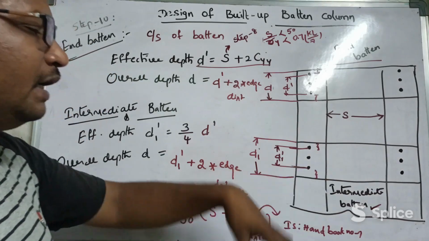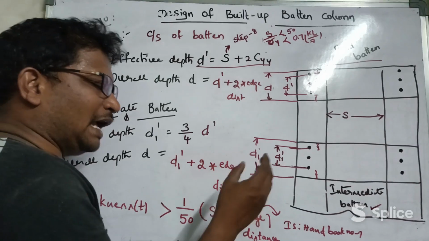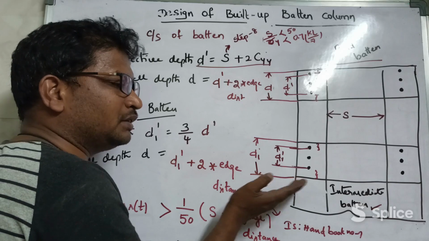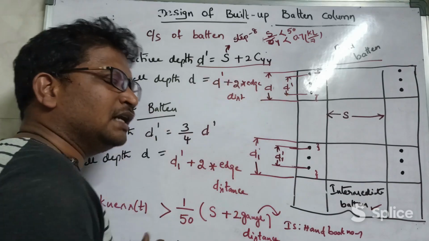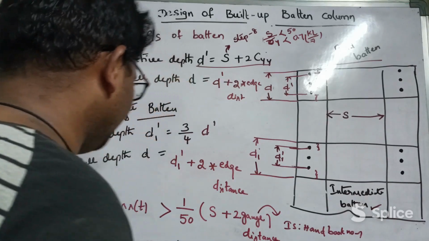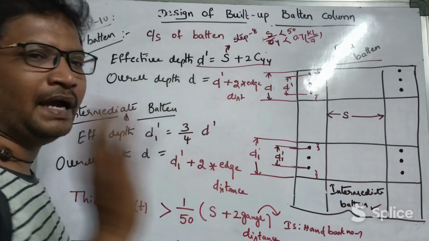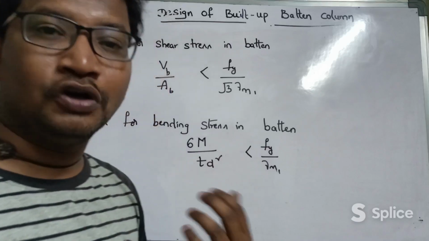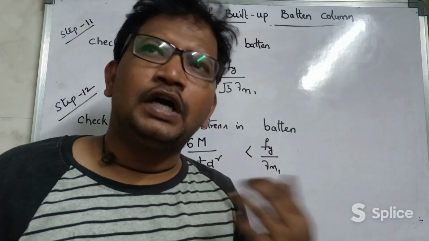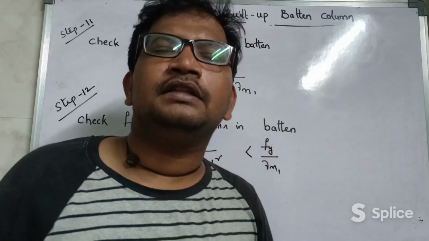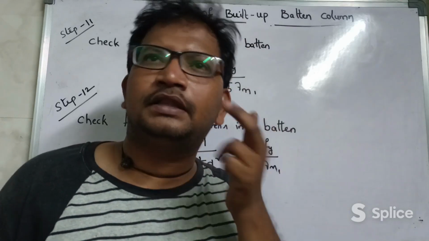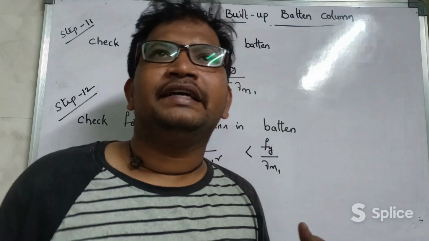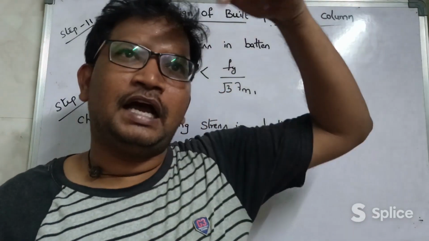Hope you are clear. We have computed the effective depth of both intermediate batten and end batten, and we have also computed the thickness of the battens. Okay, in earlier steps we have computed the forces acting on the batten. If you observe, in that step we have computed 3 forces which are acting on the batten. First one, transverse shear and longitudinal shear.